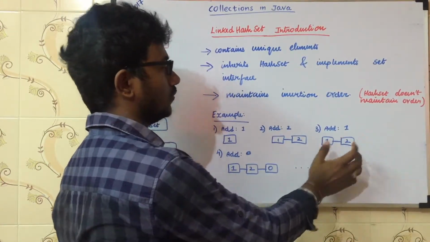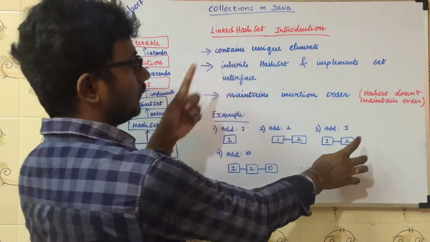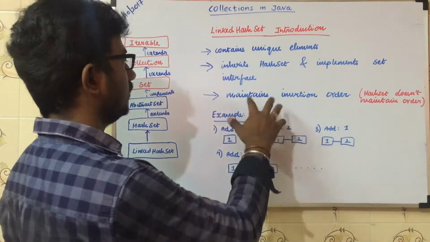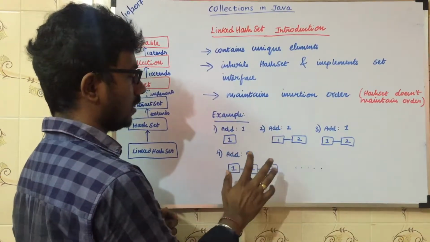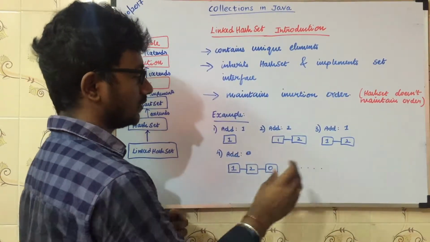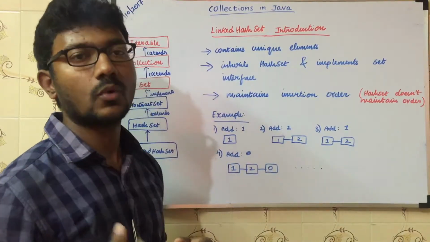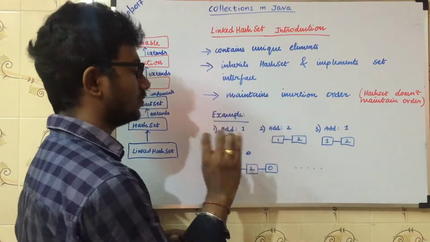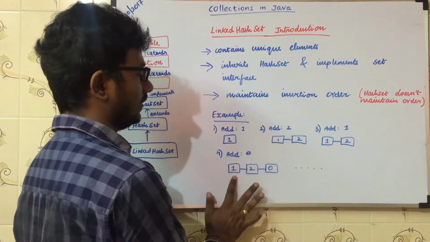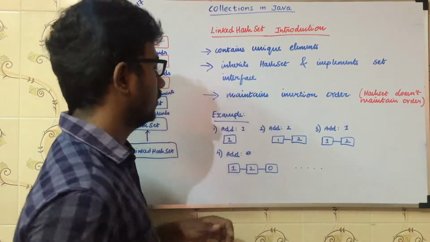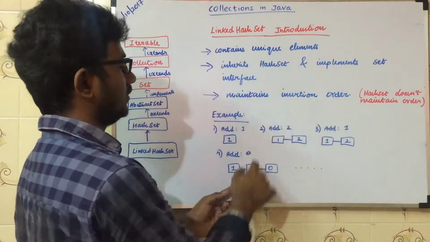So 1, 2. And if you add another element 0, it will be added at the end, maintaining the insertion position. So 1, 2, 0: first element added, second element added, third element added. The proof for this is here.